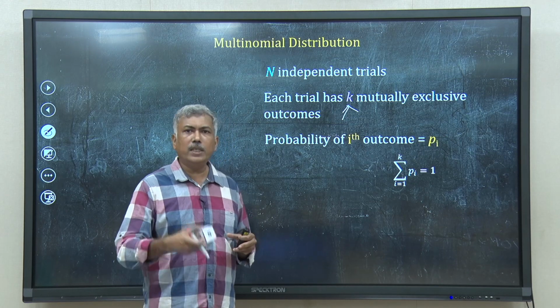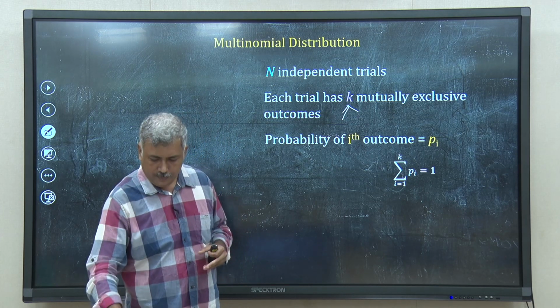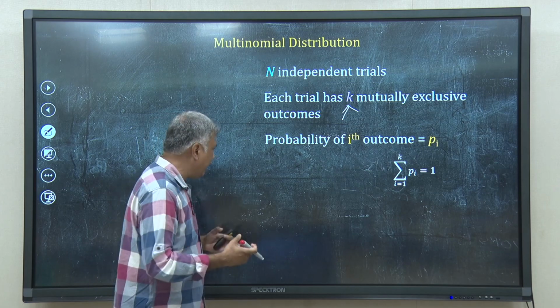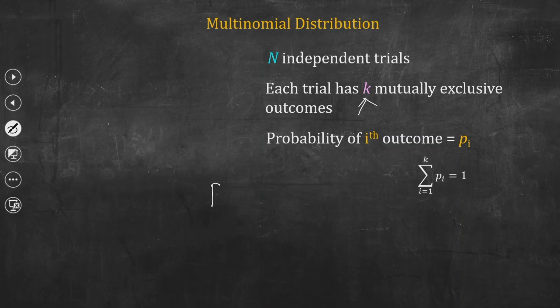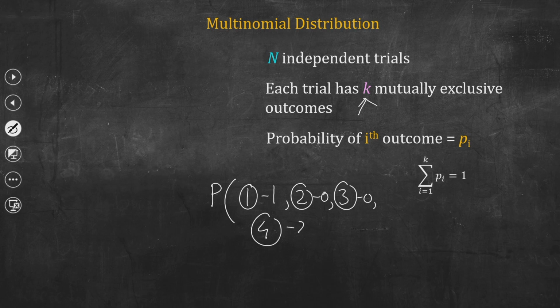Now if I throw this die, suppose 4 times, and I ask, tell me what will be the probability that I will get 1 one time, face 2 zero times, face 3 zero times, face 4 two times, face 5 one time, and face 6 zero times.